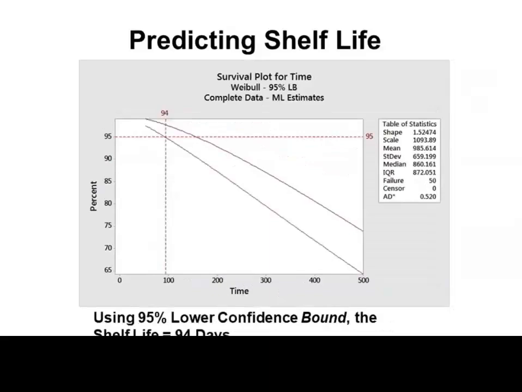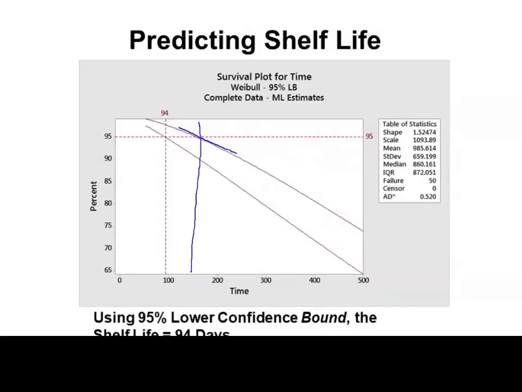I'm going to propose that we just look at the appropriate bound. So in this case, here is my curve, and this bottom one is my 95% lower confidence bound. Where we reach 95% on the actual line was the 138, right down here.